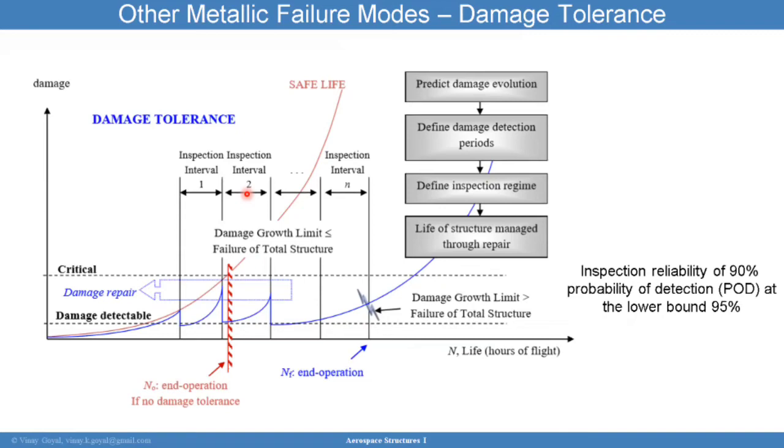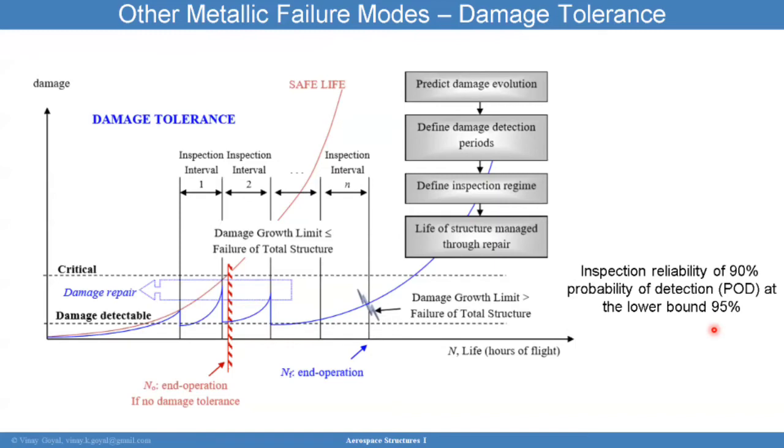And in essence, what we want to be able to do is to predict that damage growth. We want to define the periods of inspection. We want to make sure we have an inspection technique that's reliable to the levels required by the space agency or the aviation agency. And then you want to be able to manage the structure to come up with repair processes.